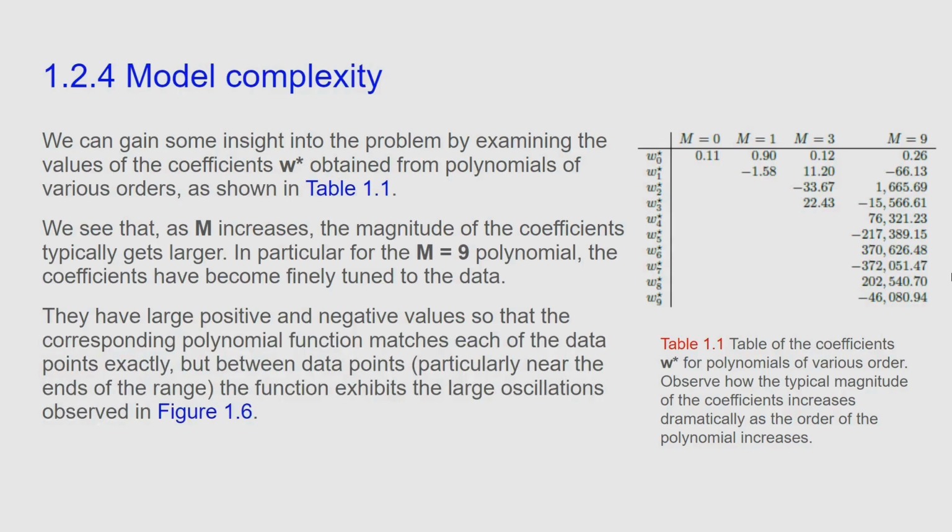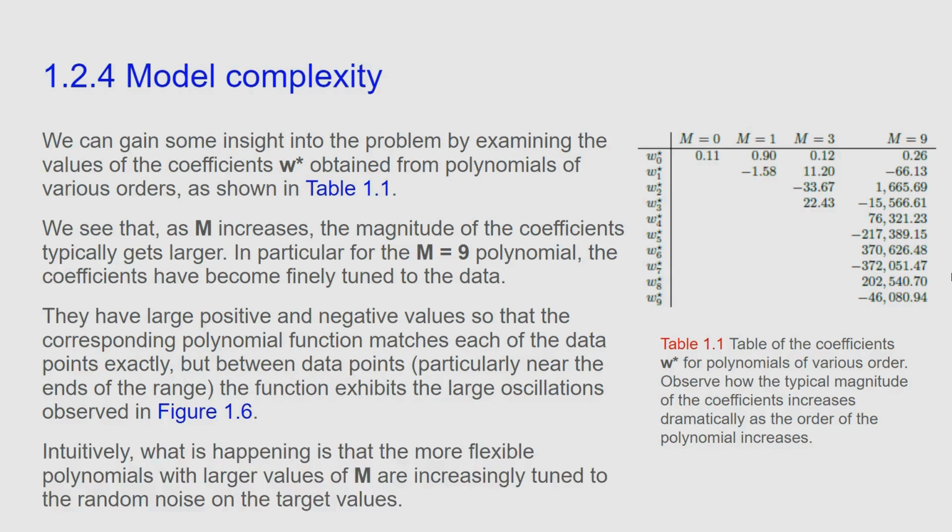They have large positive and negative values so that the corresponding polynomial function matches each of the data points exactly. But between data points, particularly near the ends of the range, the function exhibits the large oscillations observed in Figure 1.6.